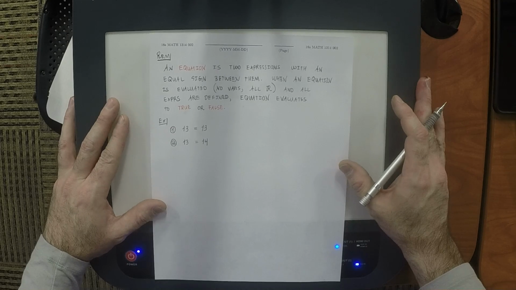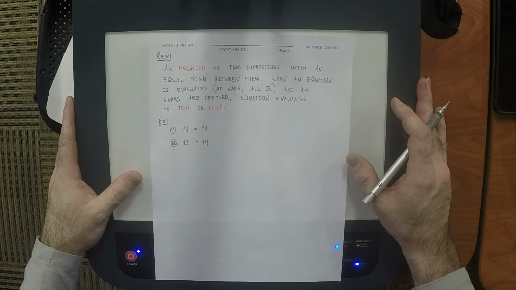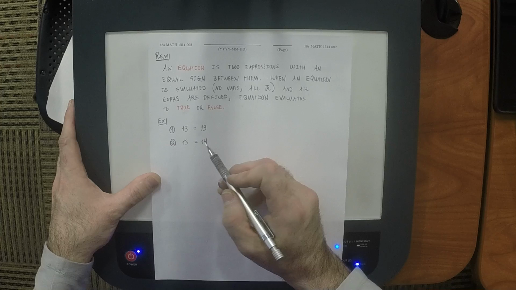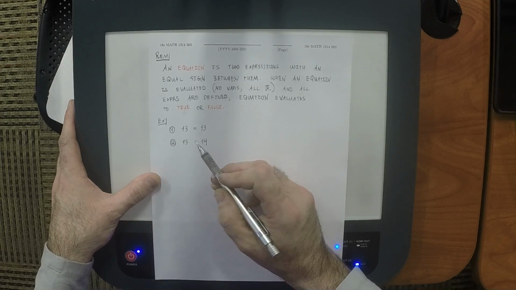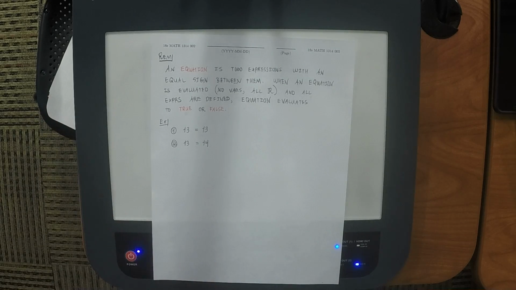Because after all, what's an equation? Two expressions with an equal sign in between them. Well, that's an expression that evaluates to 13, that's an expression that evaluates to 13, and that's an equal sign. So this is an equation. Now, for those of you who are a little bit uncomfortable, I'm trying to separate two notions that my experience tells me many of you think are the same thing.